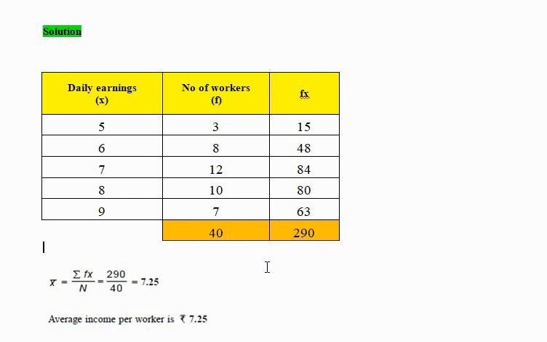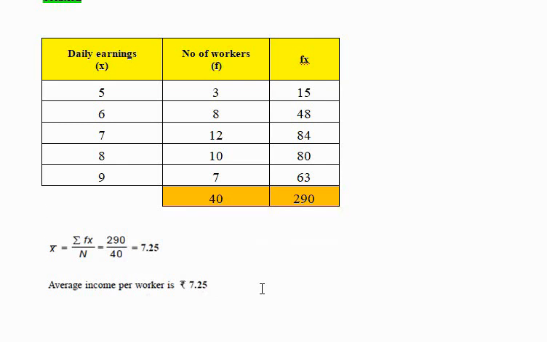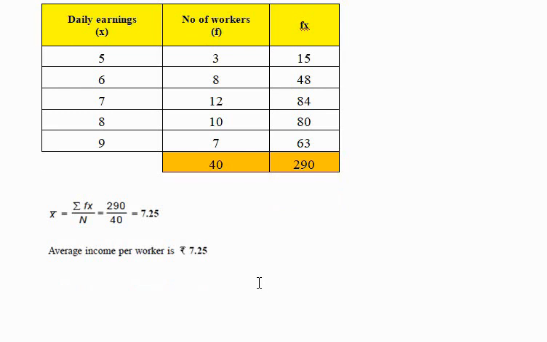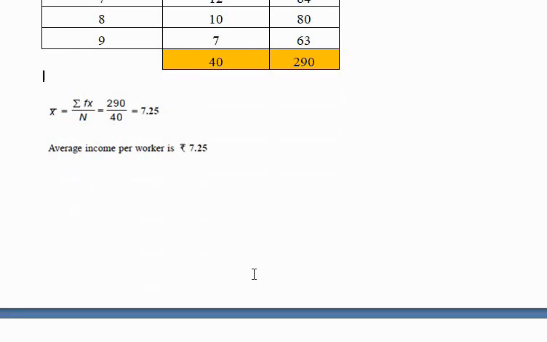That means the average income per worker is 7.25. So that is how the arithmetic mean can be found in a discrete case frequency data.